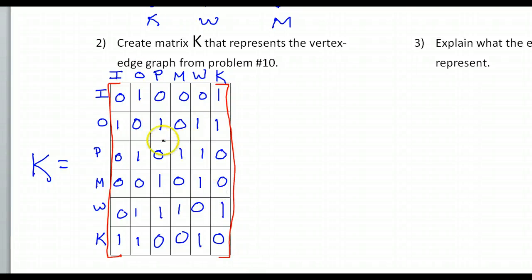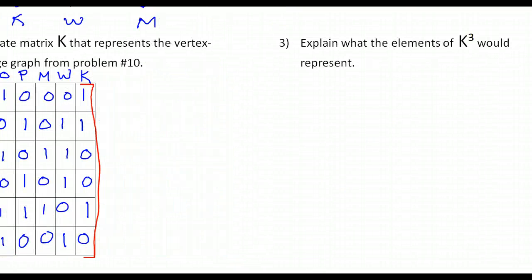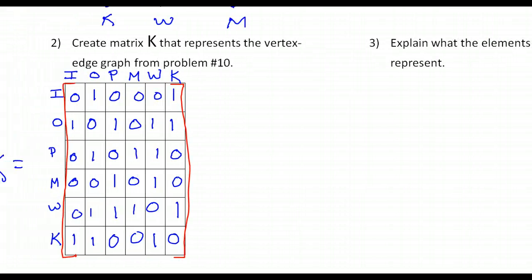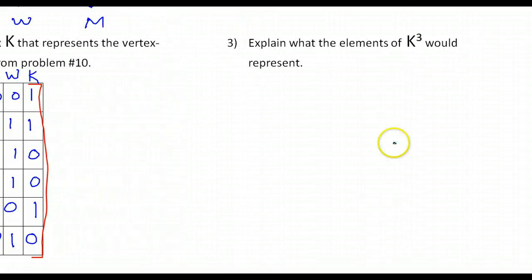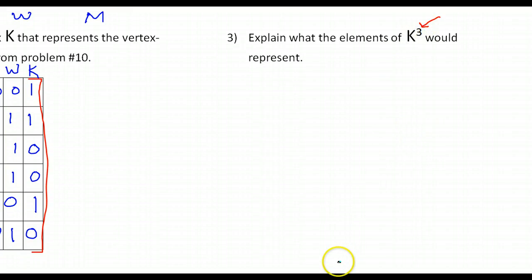Now, if I were to take this matrix and cube it, we need to know what those elements would represent. If I cube this matrix, it's still showing the number of ways you can get from one state to another. Just the cubing of it tells you how many borders you're crossing.